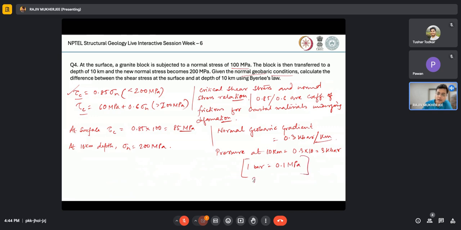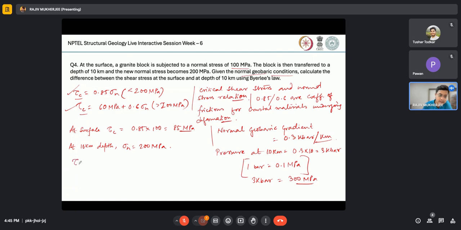So 3 kilobar means 300 megapascal. So at 10 kilometer depth, we are exceeding the 200 megapascal criterion. Therefore, we have to use the second law to calculate the critical shear stress at a depth of 10 kilometers. So at 10 kilometer depth, sigma n is given as 200 megapascal.